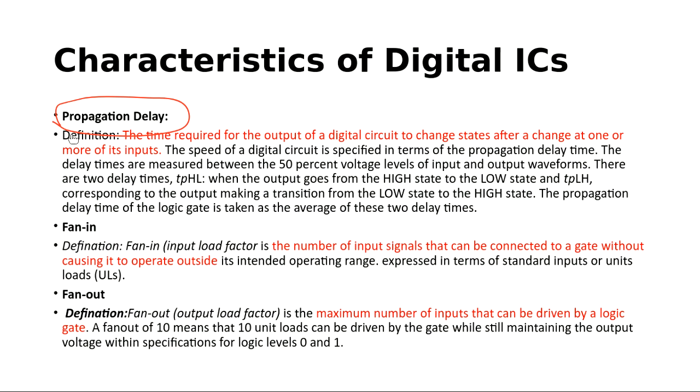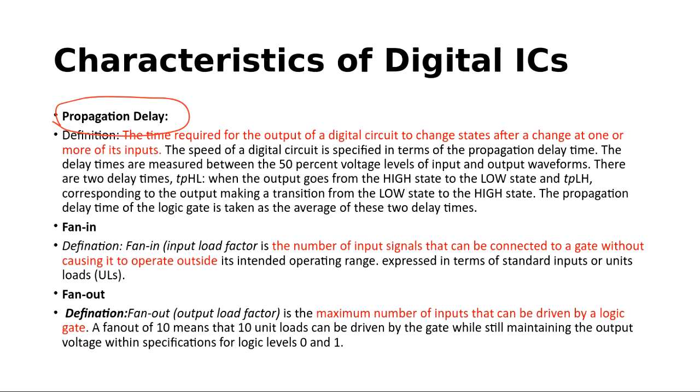It should be as small as possible. It is more desirable to have a very small propagation delay. Usually it is in the range of nanoseconds. Nano means 10 to the power minus 9. It's very low.